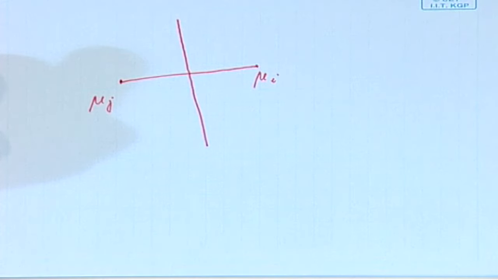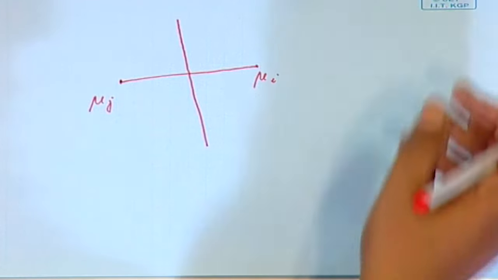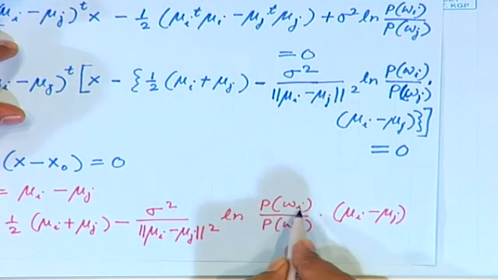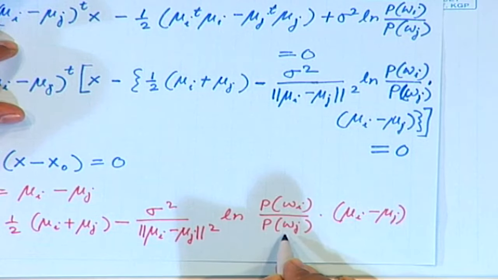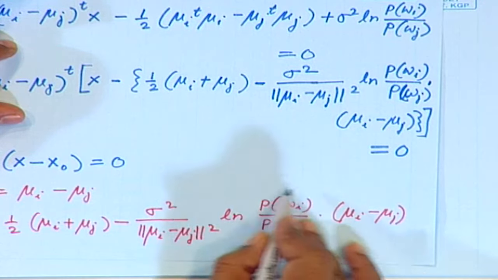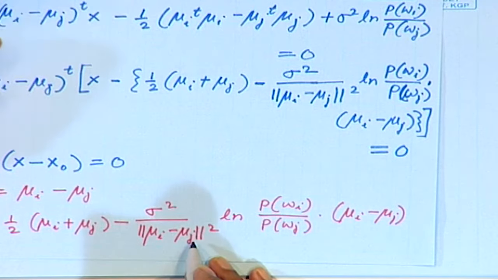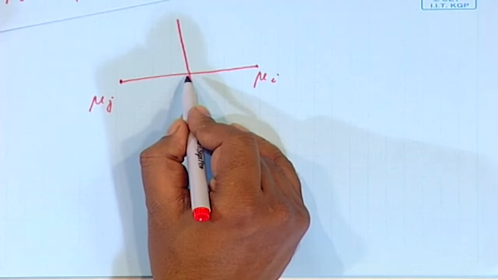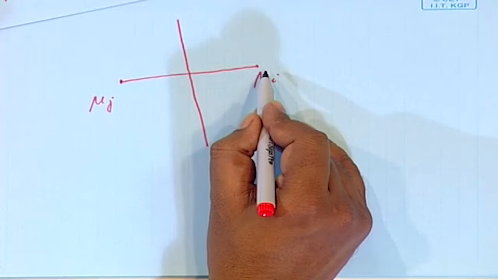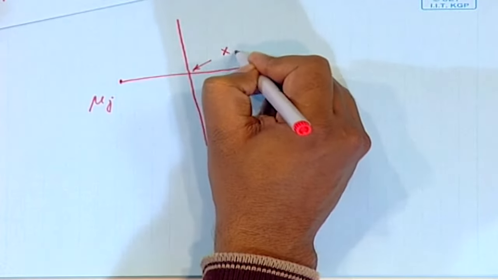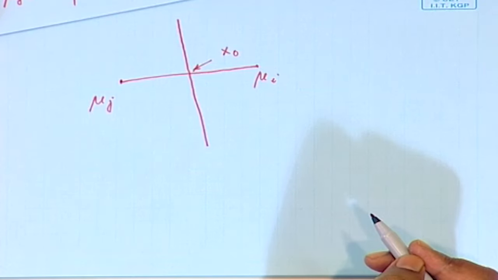Okay. And if this term is equal to 0, that is when the a priori probabilities P(ω_i) is equal to P(ω_j), then this term is equal to 0. This orthogonal plane passes through point x0, which is on the line joining μ_i and μ_j.